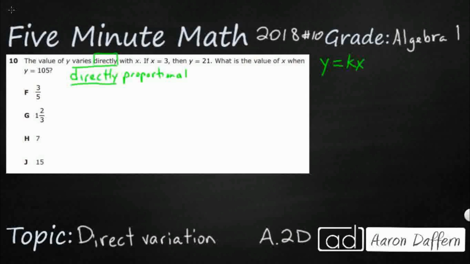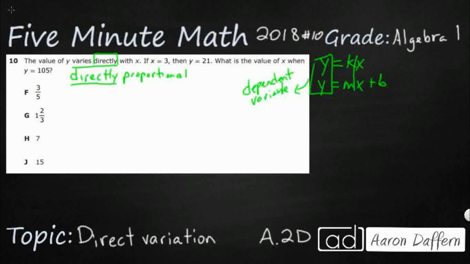So what is direct variation? Well, direct variation is going to look similar to slope-intercept form. That's something we're very familiar with. In both of these cases, your y is going to be your dependent variable, and they give us our x's and y's in this particular problem.